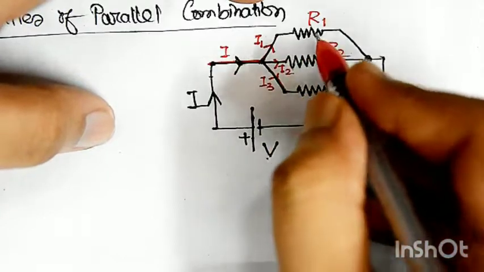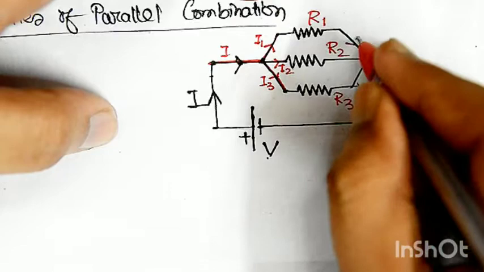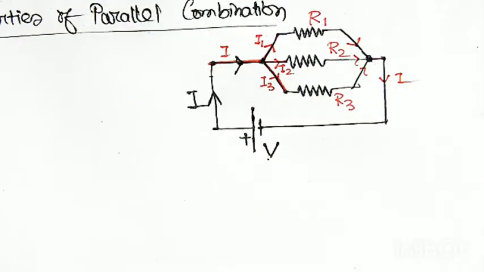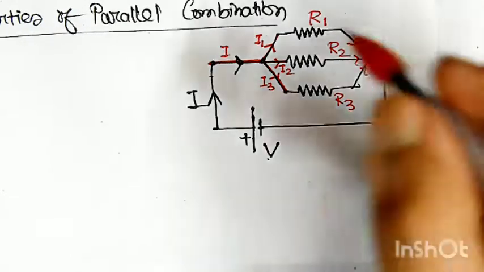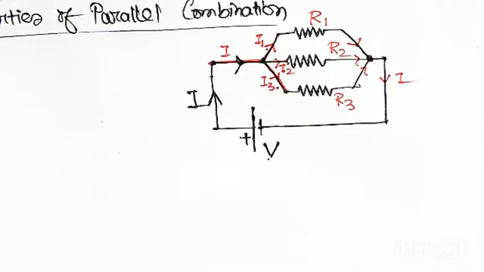Each part gets a different amount of current. After the current comes out, they again join and come out as I. But for the time being, when they are passing through the resistances, each resistance is getting a different amount of current, which is very different from series connections.